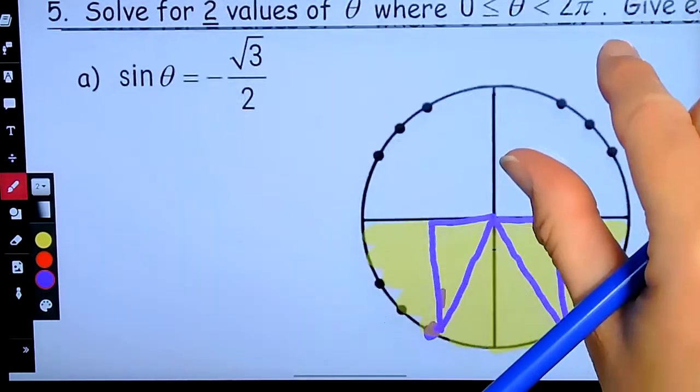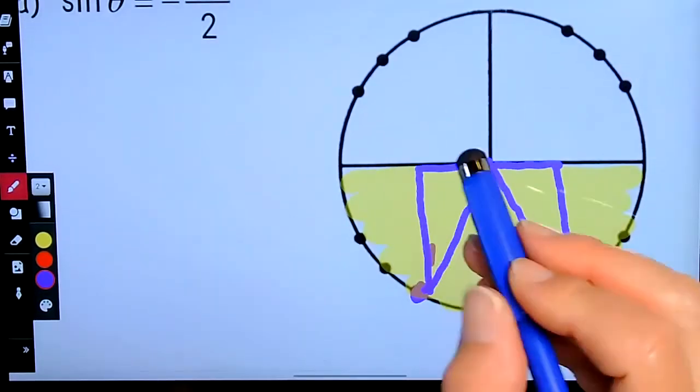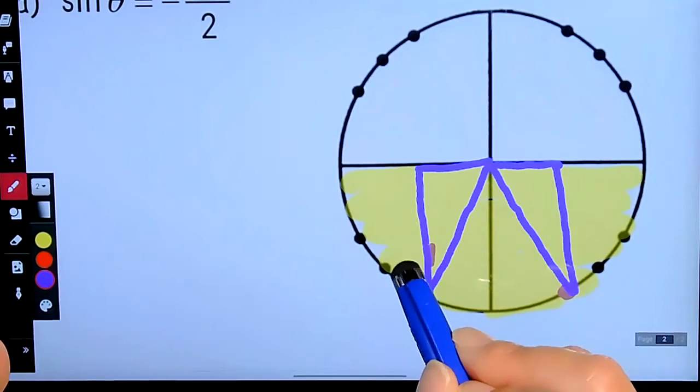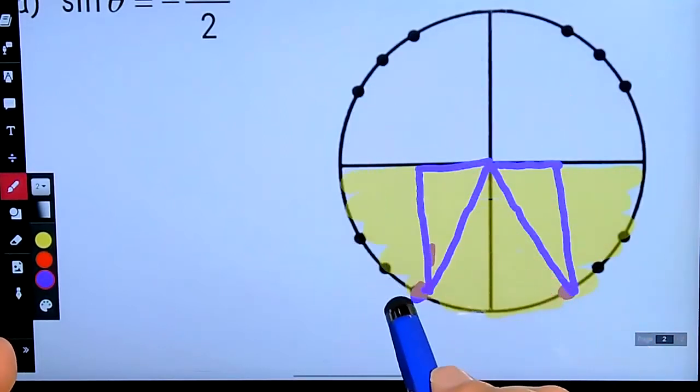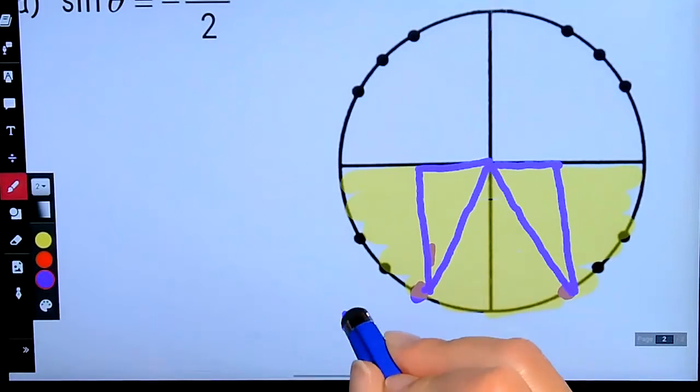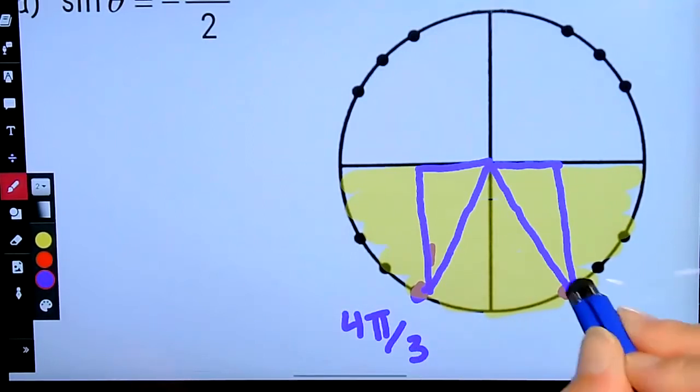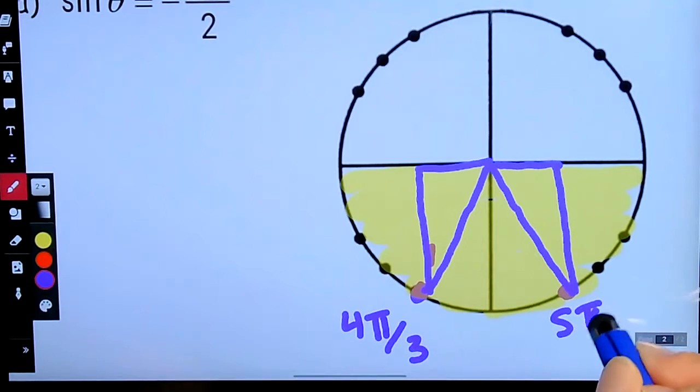Now in terms of where I'm at, this would be 3 pi thirds, this is 4 pi thirds. So this is going to be 4 pi thirds, and this is going to be 5 pi thirds.